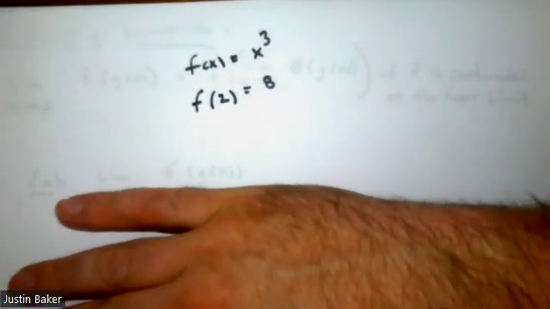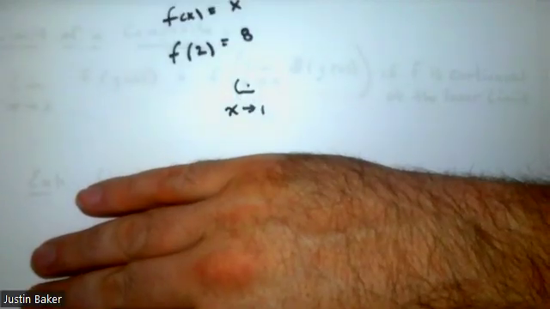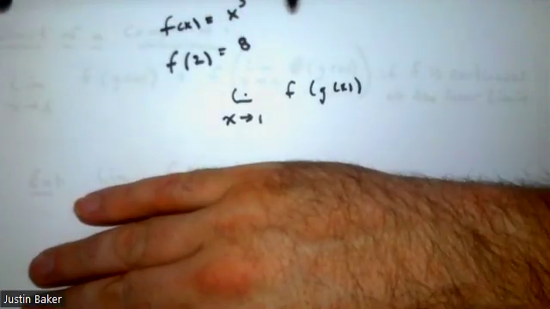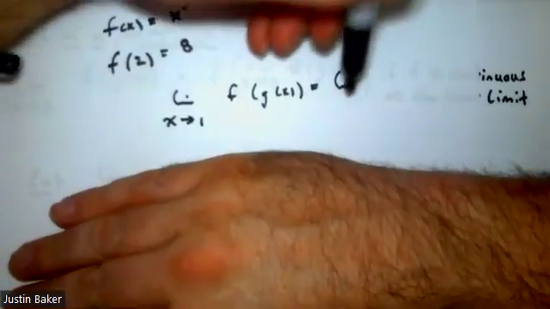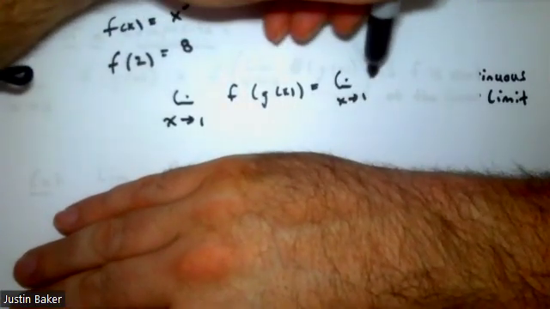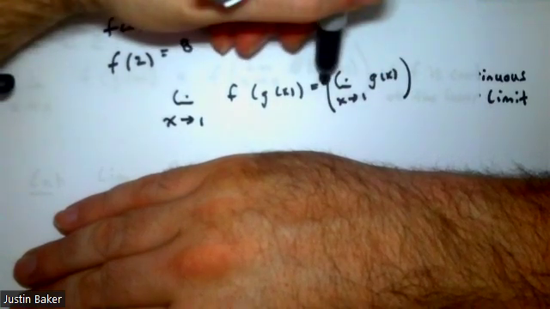What we were just saying is that if you have the limit as x approaches 1 for f of g of x, that is going to be equal to the limit as x approaches 1 for the interior function, and then it's f of that result.